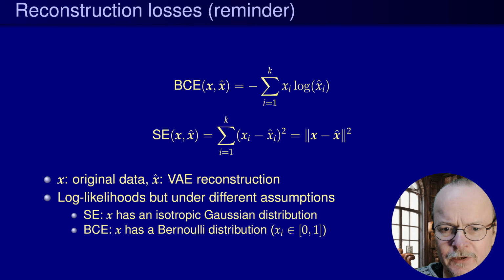You should be aware that both of them have strong connections to the log likelihood of our data. Squared error when we assume that data has a normal distribution, and the binary cross entropy when we assume that the data follows a Bernoulli distribution.